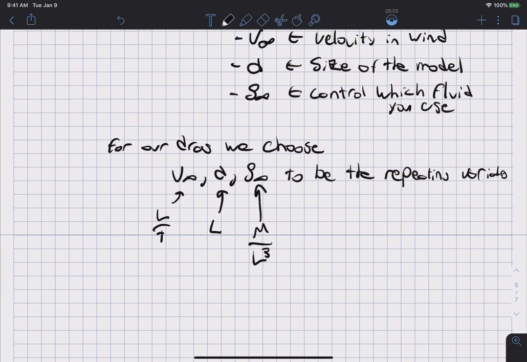And so if we choose V infinity, D, and rho infinity to be the repeating variables, the leftover variables are the non-repeating variables.